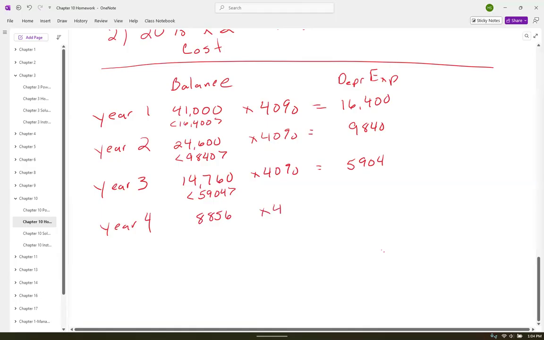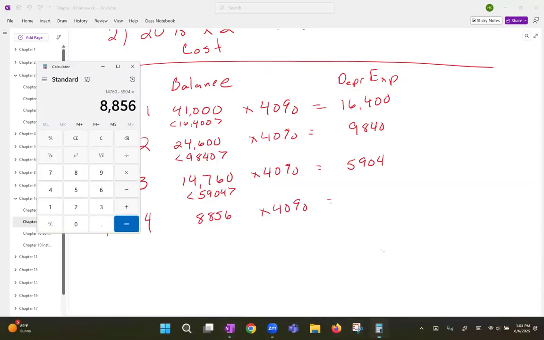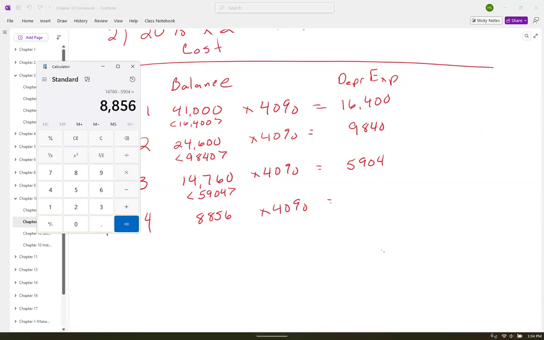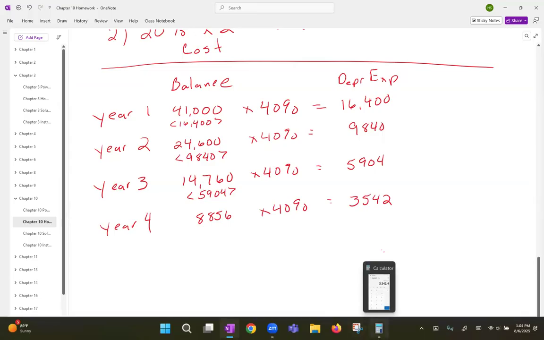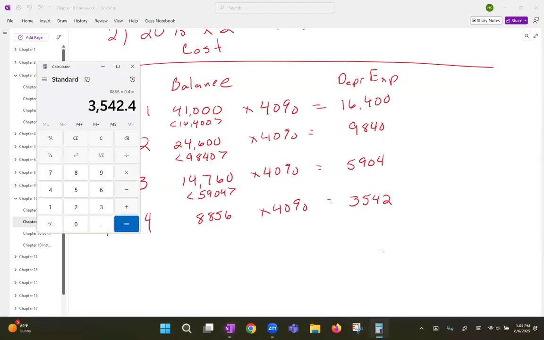We're going to multiply that times 40%. I've got that number in my calculator, so I'm just going to leave it there. Multiply that times 40%, and we end up with 3,542.4.